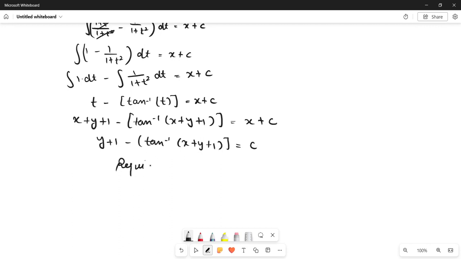So this is our required solution of the differential equation.